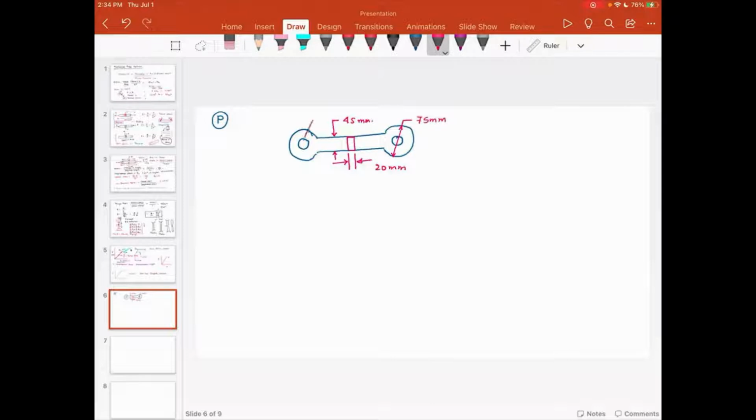And this inside diameter on both the sides is 40 millimeter. Now on this chain link, you have load P that is applied, and that load is 45 kilonewton.